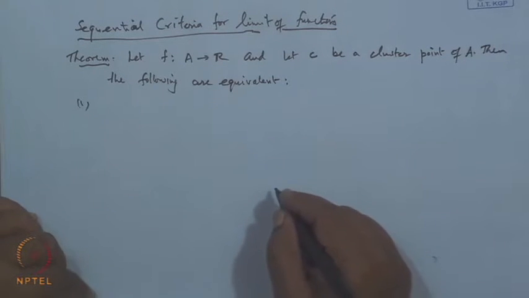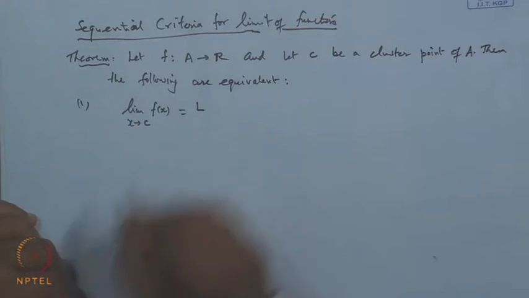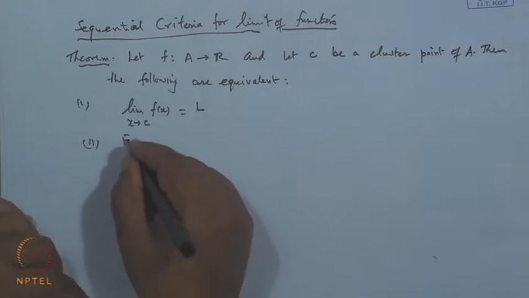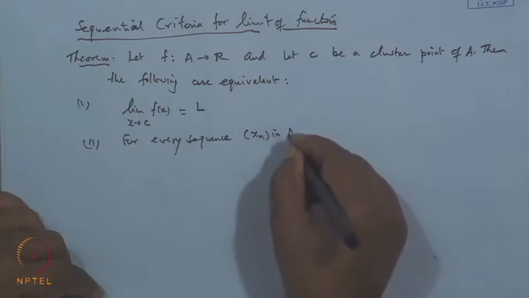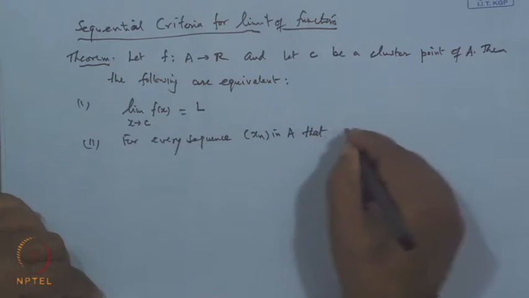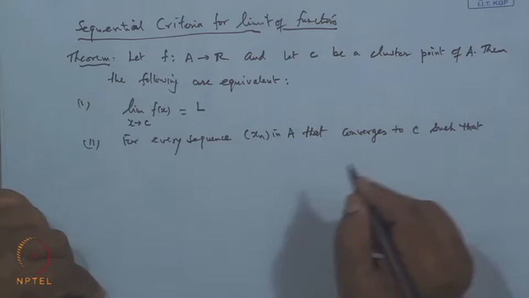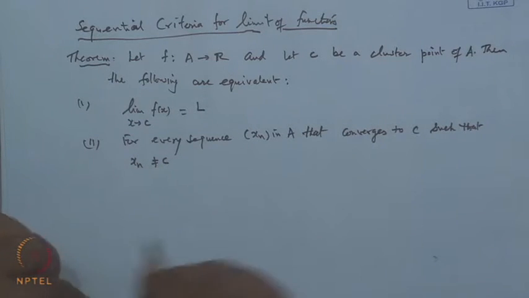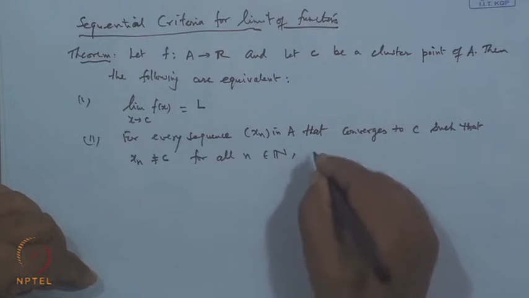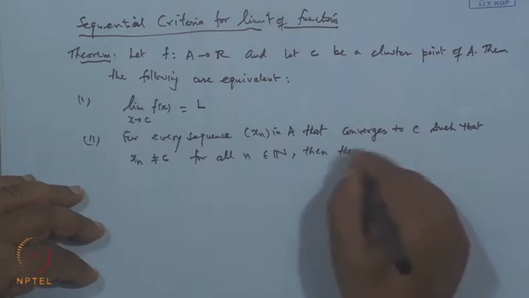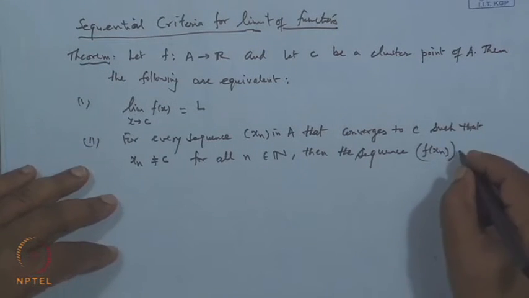The first is the limit of f x when x tends to C is L. The second is for every sequence x n in A that converges to C such that x n is not equal to C for all n belonging to the natural numbers N, then the sequence f of x n converges to L.